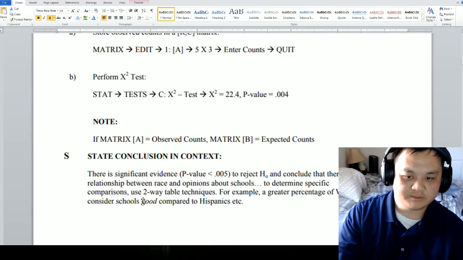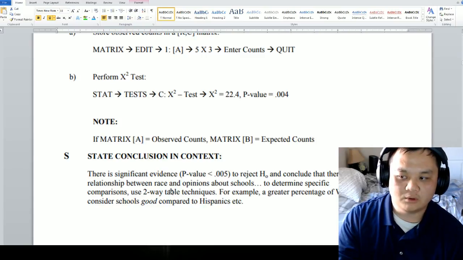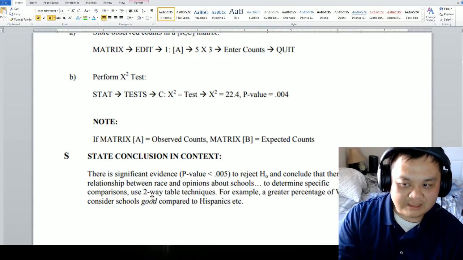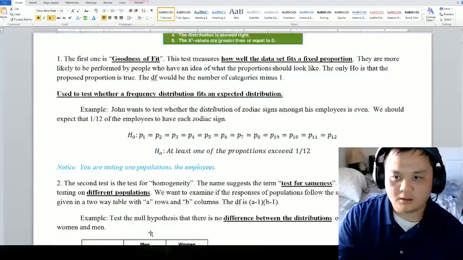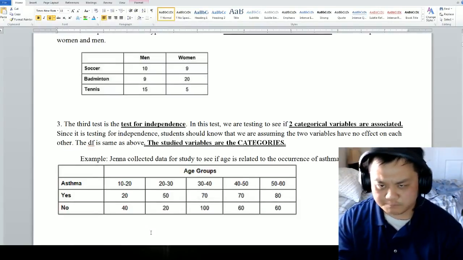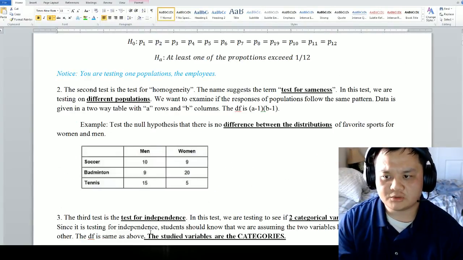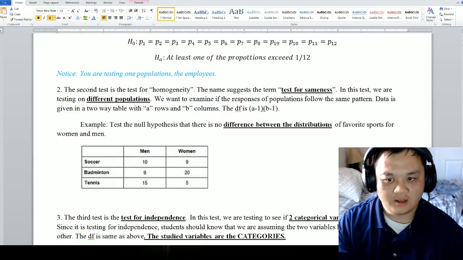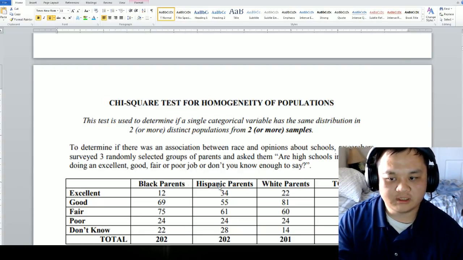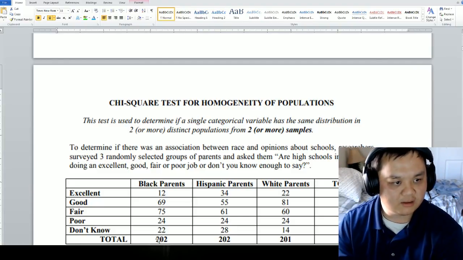To determine specific comparison, use a two-way table. Here they're saying, for example, that a greater percentage of whites consider schools good compared to Hispanics. So do you see that they're saying there is a difference between the categories, between the Hispanic, white, and black parents, because they could reject it?